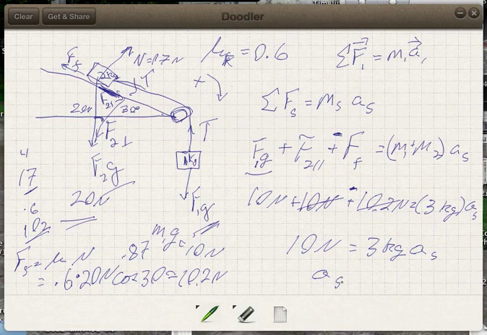So the acceleration of the system is equal to about 3.3 meters per second squared. It's a little bit less than that because this is actually a little bit greater than 10. This is 9.8 newtons. So maybe it's really closer to 3.2 meters per second squared. But this is a good ballpark figure.